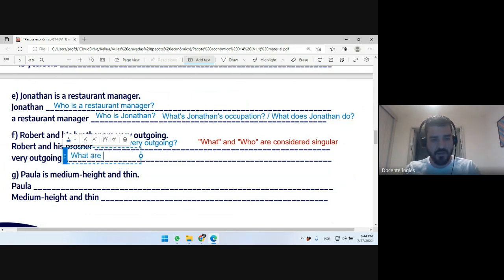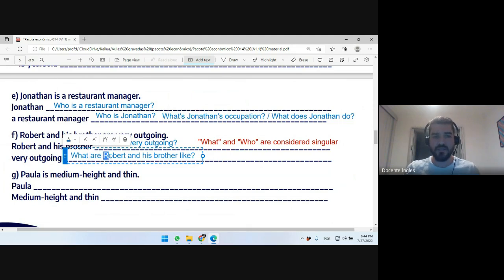What are Robert and his brother like? So in this case, verb to be is connected to Robert and his brother. That's why it's in the plural. In this case, it's not connected to what.